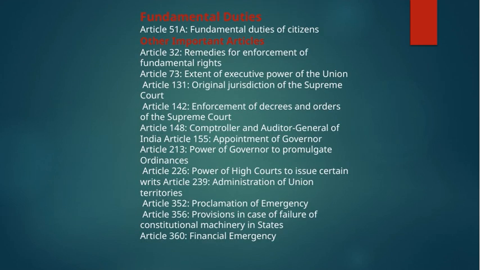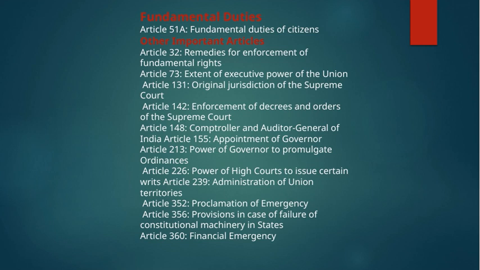Now, let's move on to some important aspects related to our Constitution. First, we have the fundamental duties outlined in Article 51. These duties remind citizens of their responsibilities towards the nation, emphasizing values like respect for the Constitution, national unity, and environmental conservation.